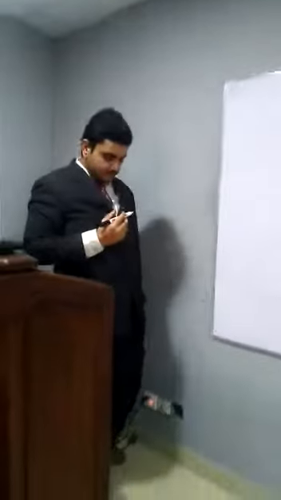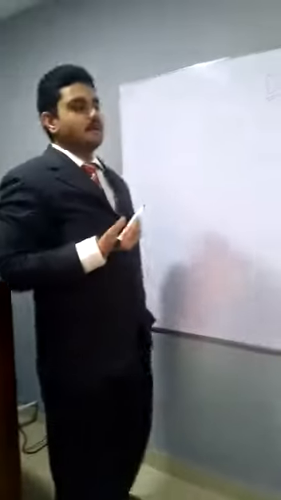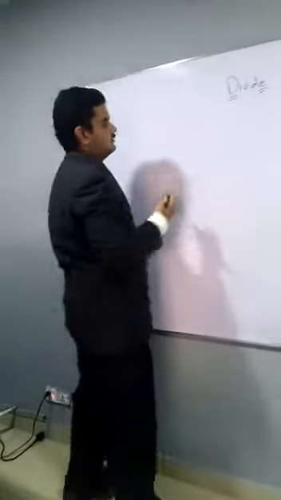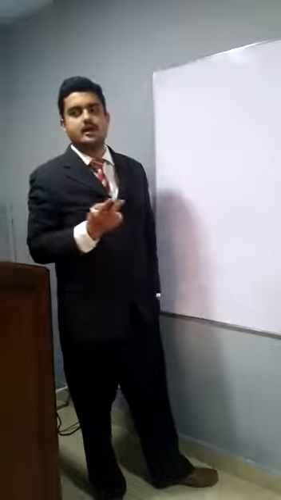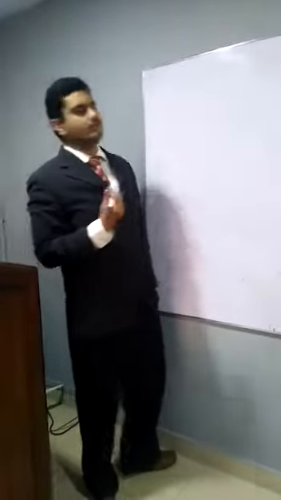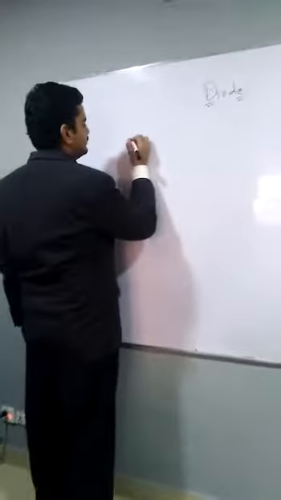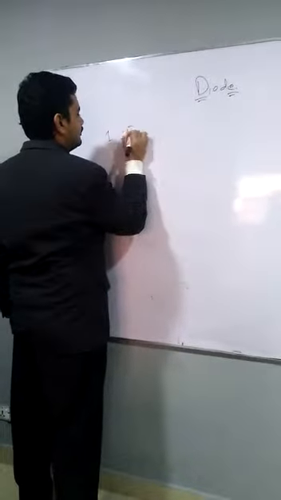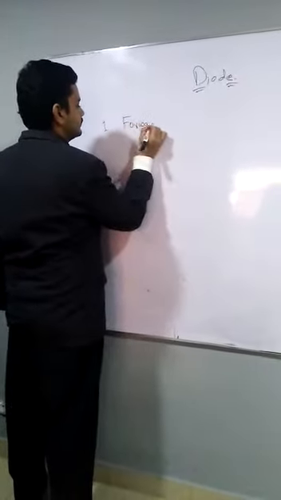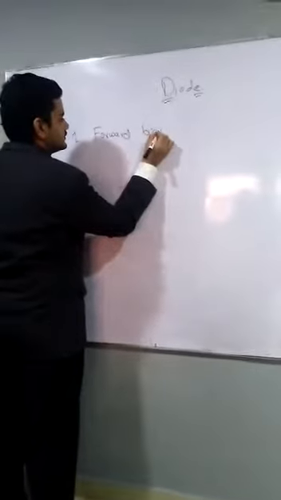Now we are going to discuss how they operate. There are two types of biasing for the case of a diode, right? The first one is forward biased and the second one is reverse biased.